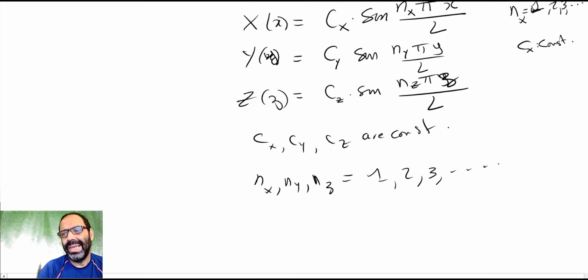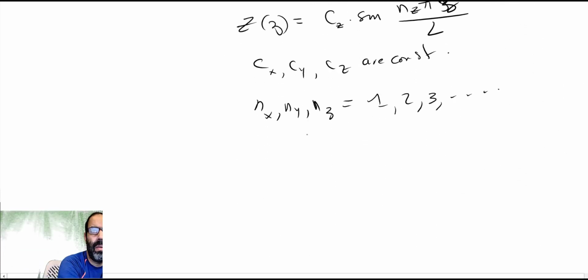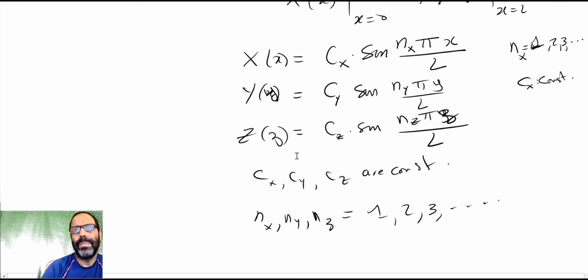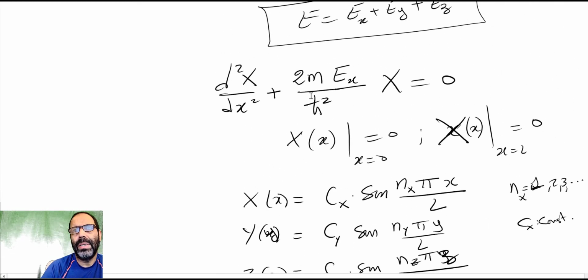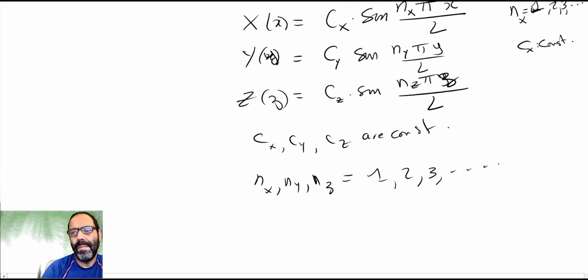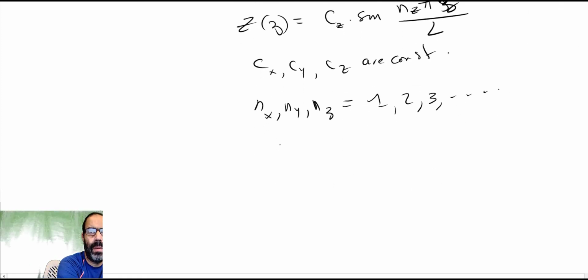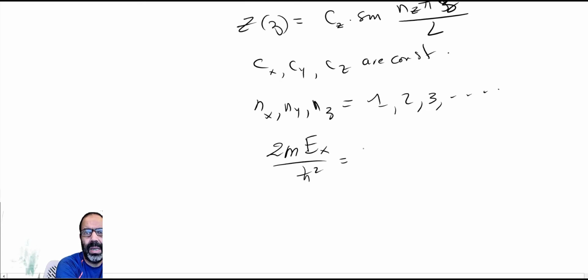So in other words, Ex times 2m divided by h bar squared must be nx squared pi squared divided by L squared.